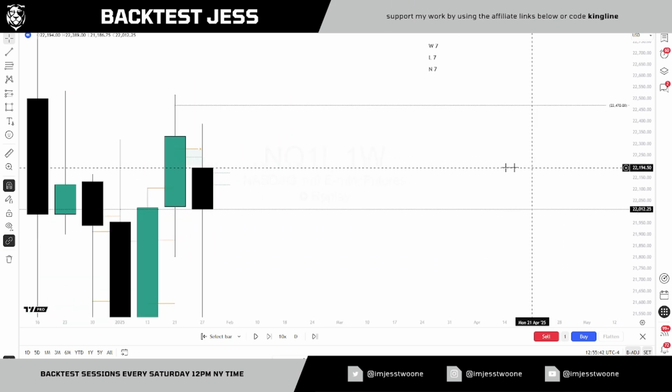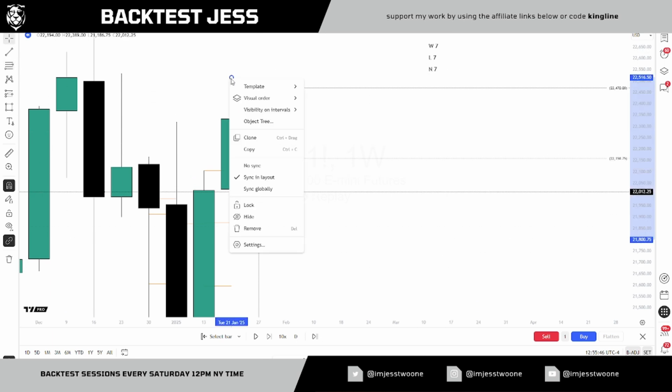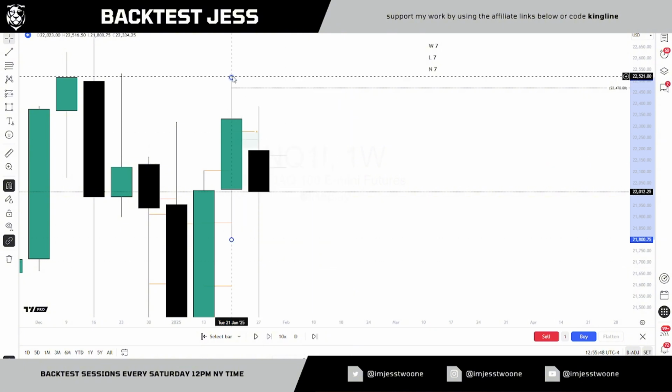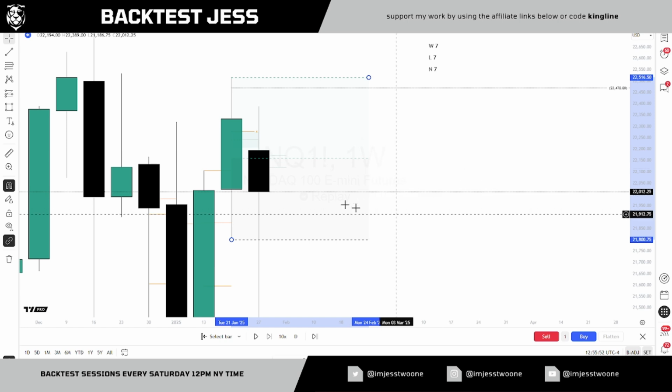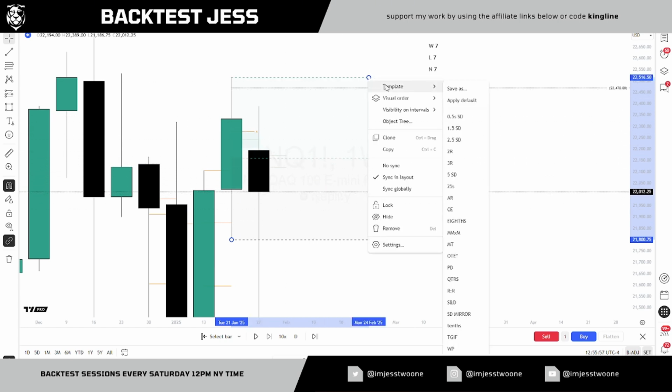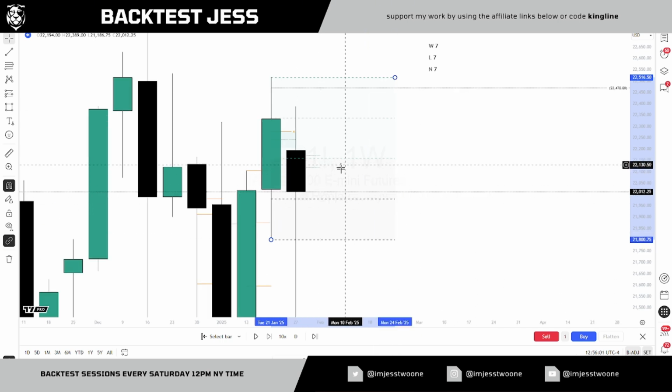Again, you can apply more advanced theory here, and you can simply mark out premium and discount of previous week, and you can see where we closed within that previous week's range. So we did close below previous week EQ, and if we look at the quarters, we closed in discount.